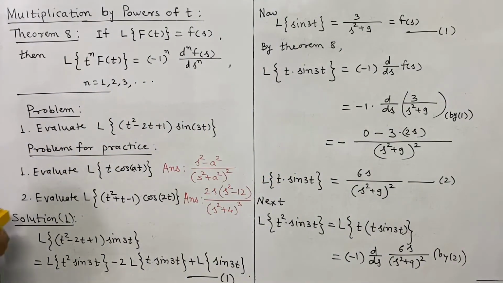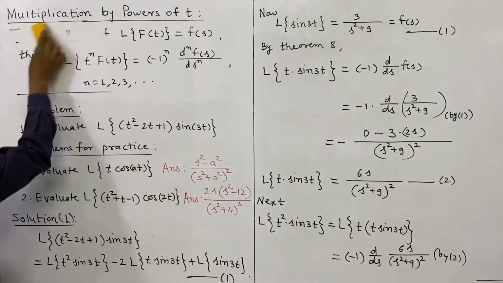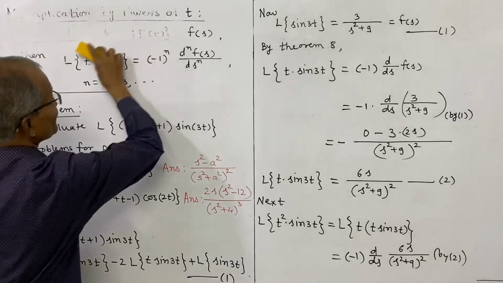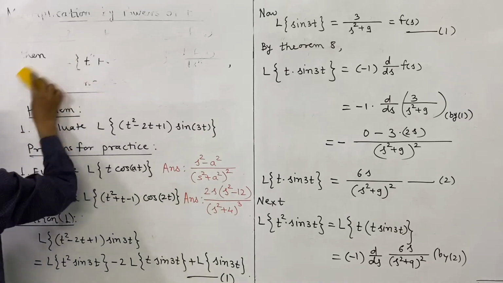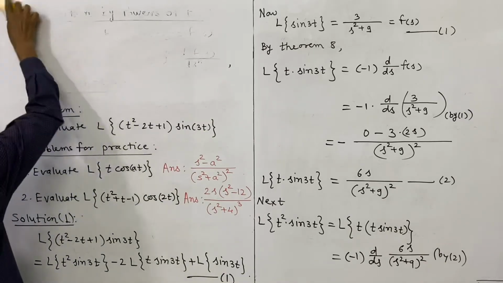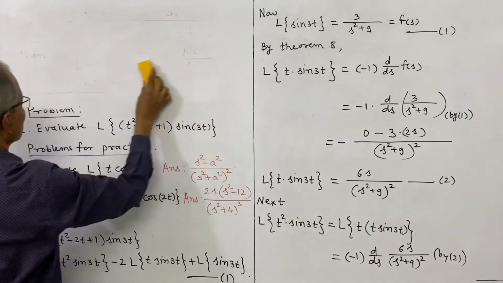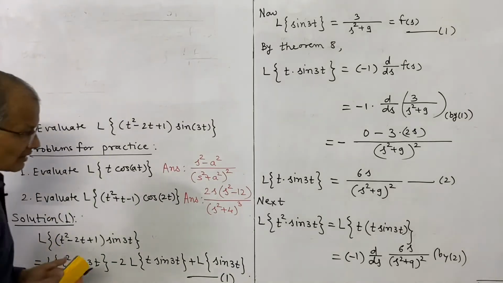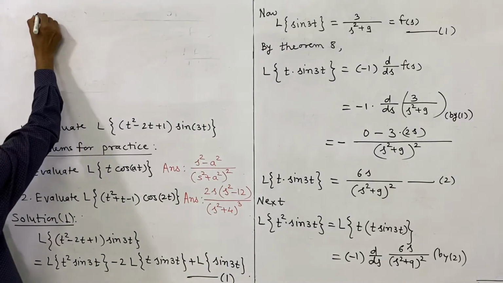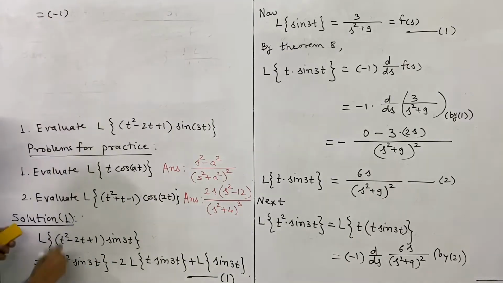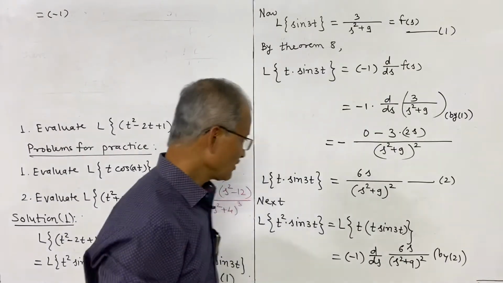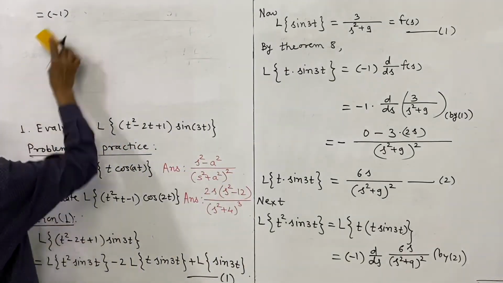And now how to get the derivative of this d/ds, we shall see. Now I shall remove this part so that I can write the further steps here. So that is equal to minus 1 into the derivative of this by the quotient rule.